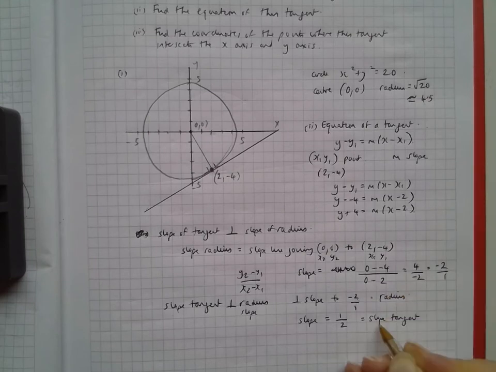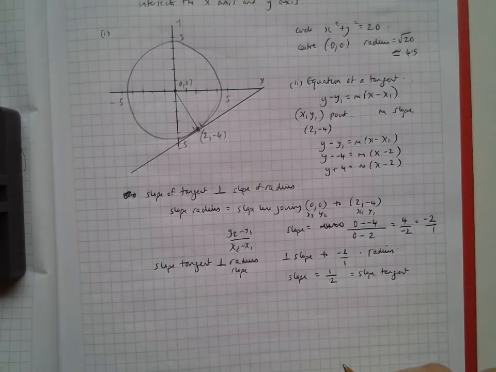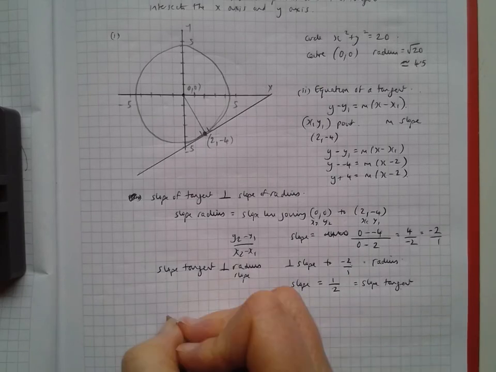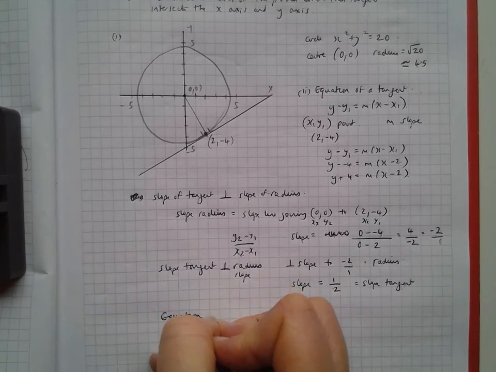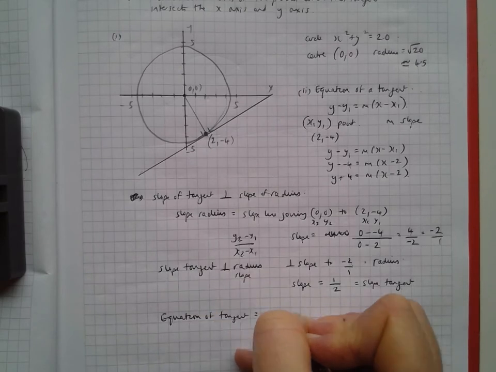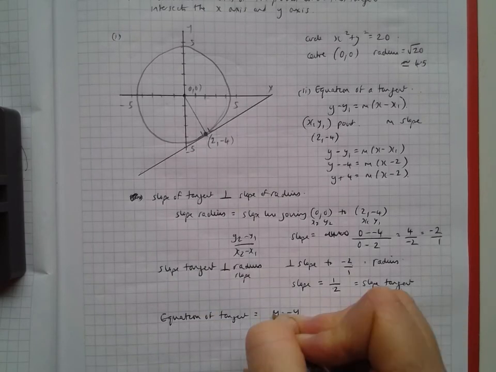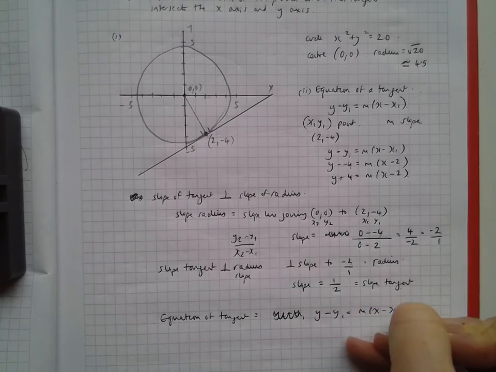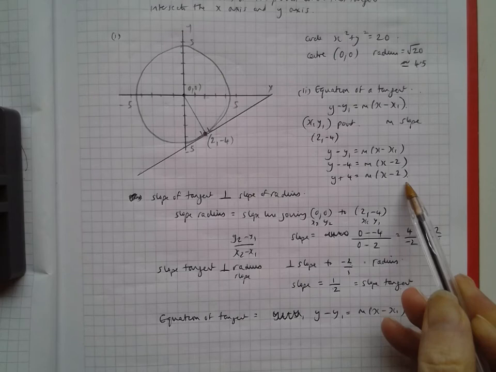So my equation of my tangent is y minus y1 is equal to m by x minus x1. I've already done most of it. What I've got so far is y plus 4 is equal to m by x minus 2 from up here.